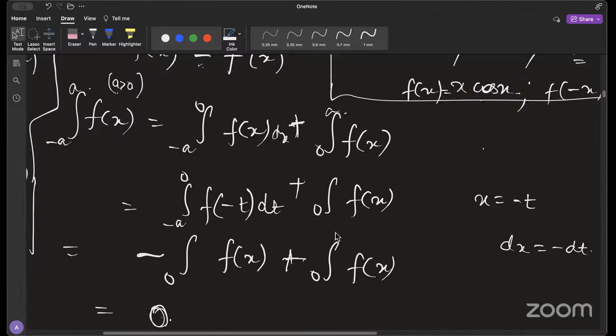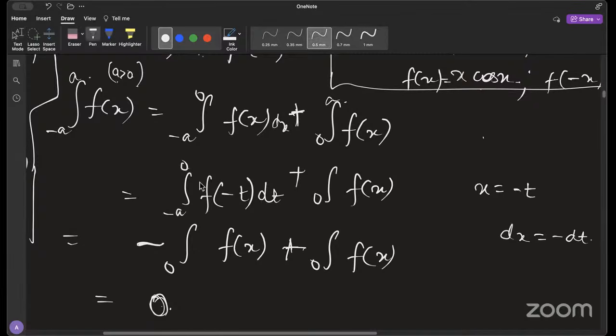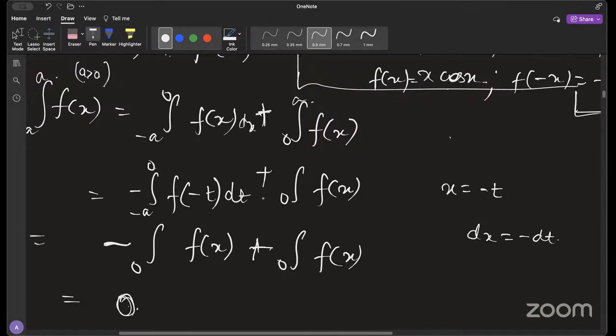Then you'll have this thing, because they've replaced x with the variable -t. So this is what's going to change. And because your dx equals -dt, you're going to have a negative sign here. We have replaced x with -t, so dx will be -dt, and this limit is also going to change when you do these things.